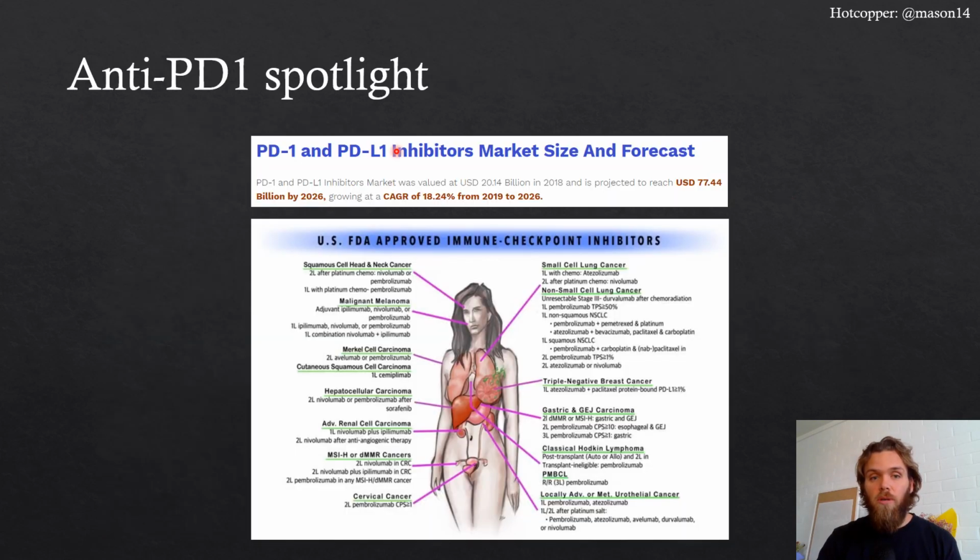So I wanted to focus on anti-PD-1 therapies purely because they are an enormous market: 20.1 billion in 2018, projected to reach about 77 billion by 2026. They've had approvals in multiple different cancer types, I think 20 or 30 FDA approvals, and the mechanism is found on many different cancer cells.